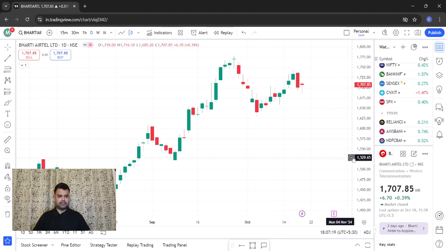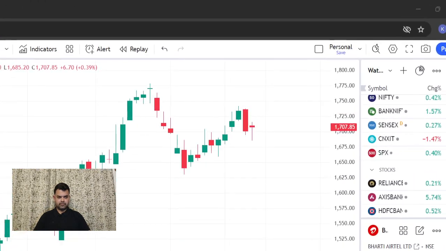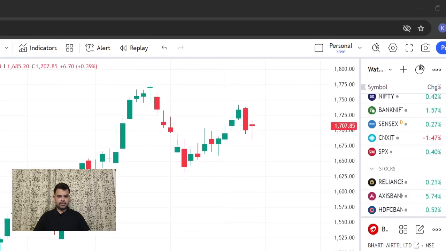So on the right side of this window, we can see the price. So this is the price information that we are getting here.